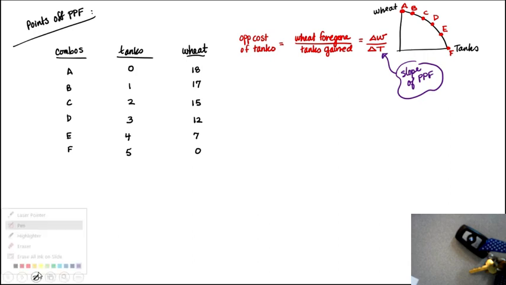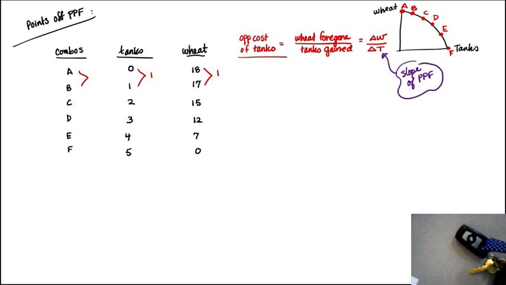Okay, so let's calculate these numbers. Let's calculate opportunity cost. Remember, guys, when we're calculating opportunity cost, it's when we make a trade-off, right? So we need to go from A to B, and we go from 0 to 1 tanks. So change in tanks is what? 1. We go from 18 to 17 wheat, so the change in wheat is 1, right?